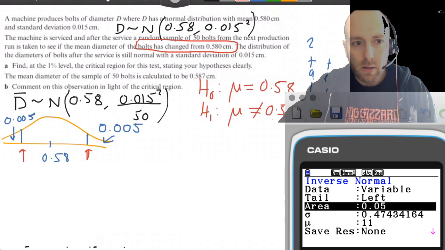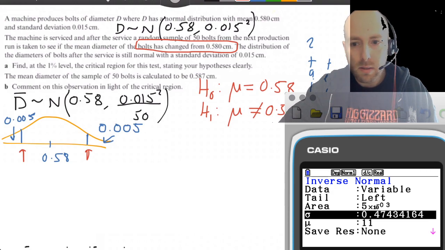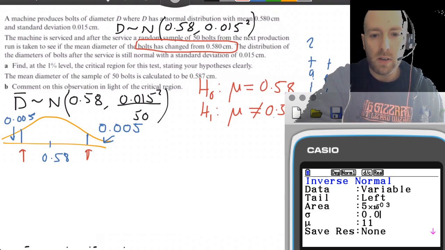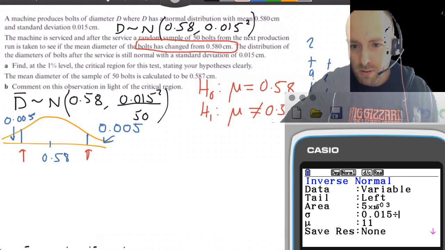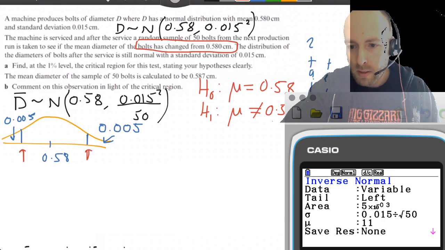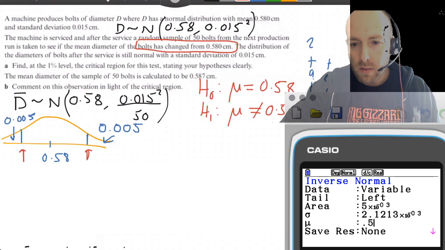So we need 0.005. The sigma value there, we type in 0.015 divided by the square root of 50. Don't forget to square root it. And the mean is 0.58.